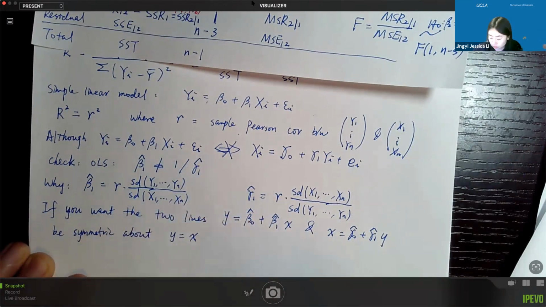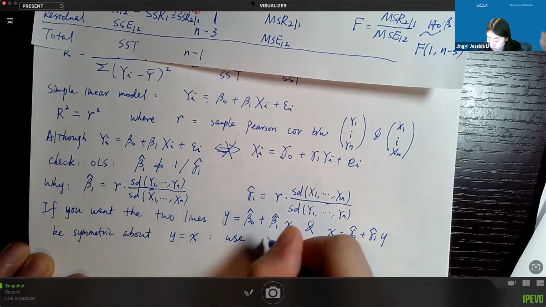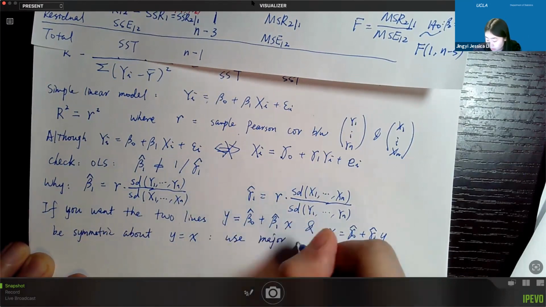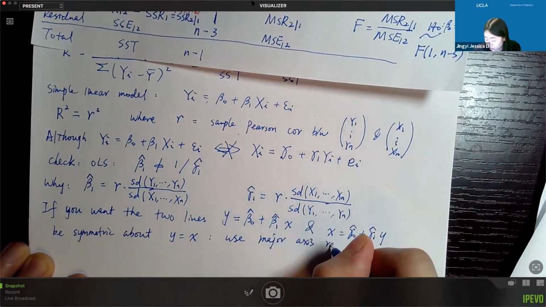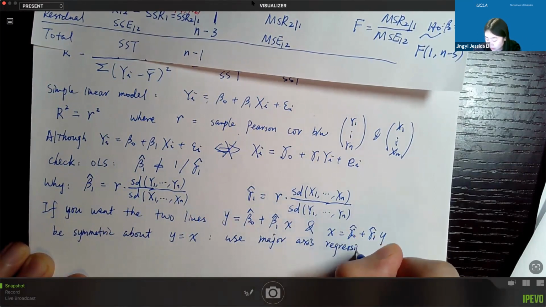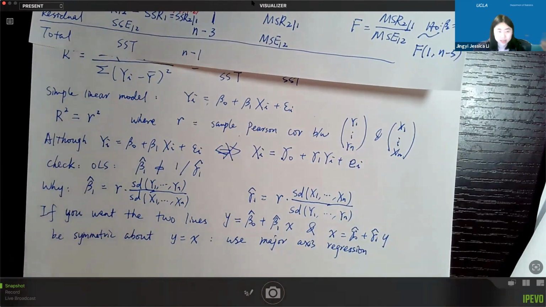If that's what you want, then you should use the major axis regression, because the ordinary least square estimate does not satisfy this.